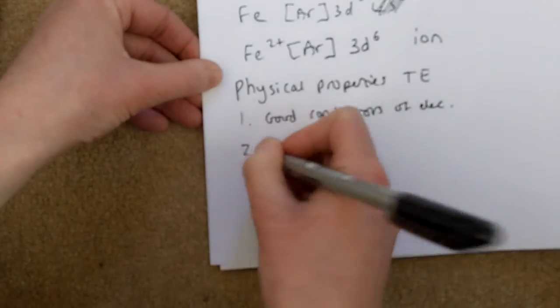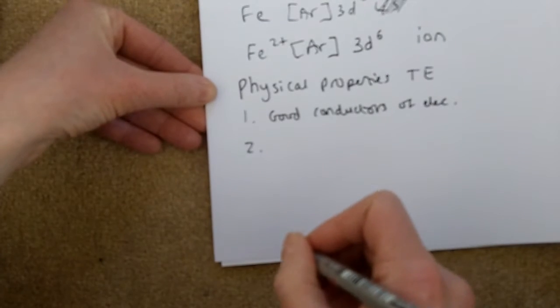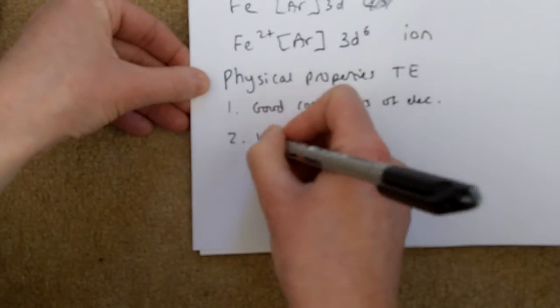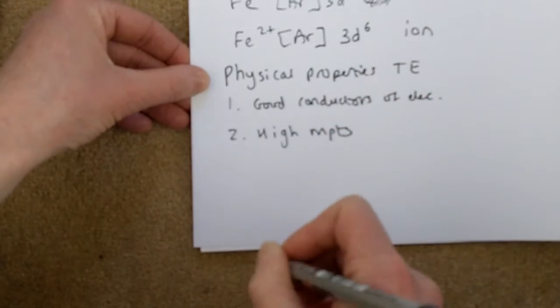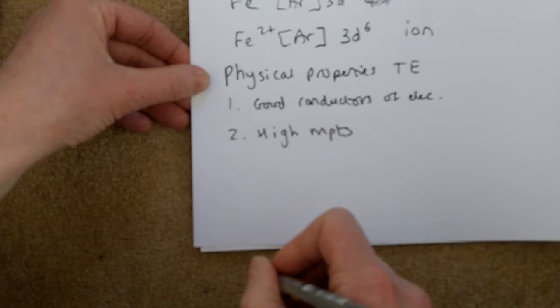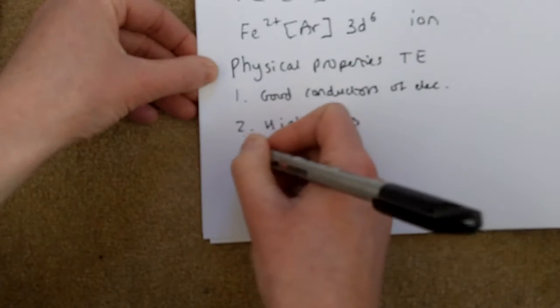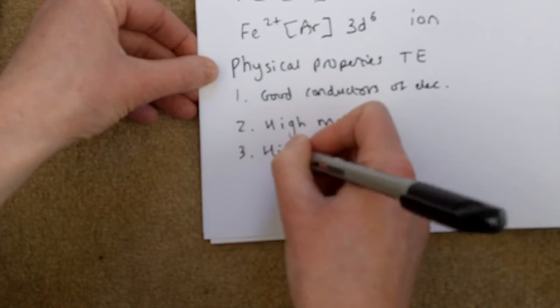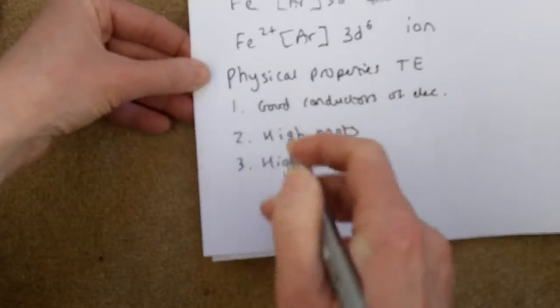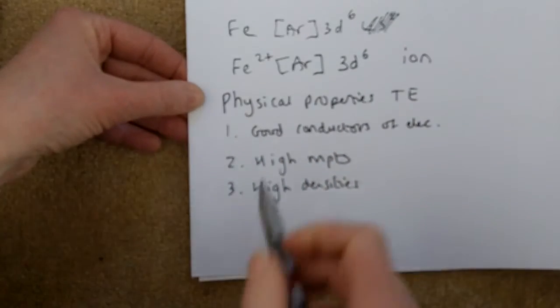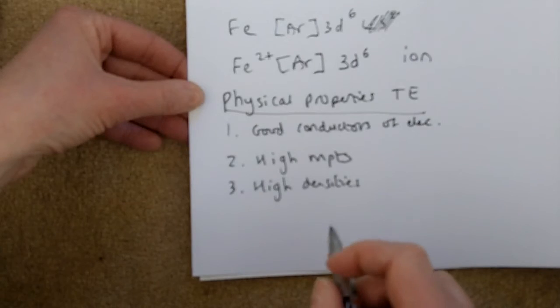They have high melting points, just like other metals, and high densities, and they're useful in construction materials like iron. Those are the physical properties of transition elements.